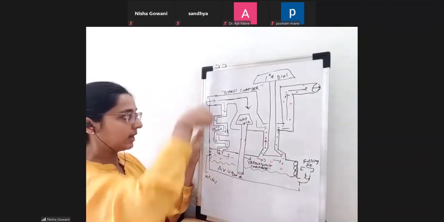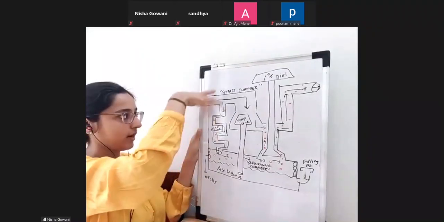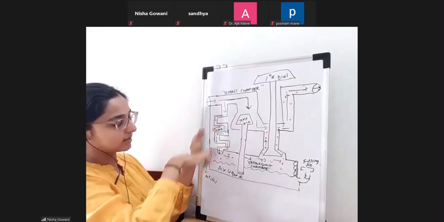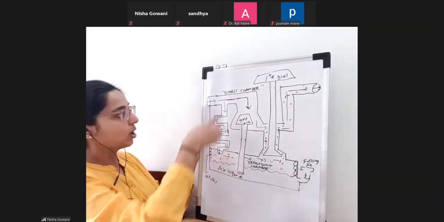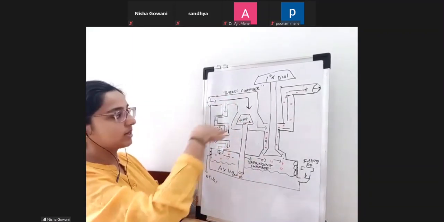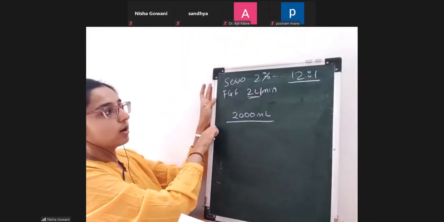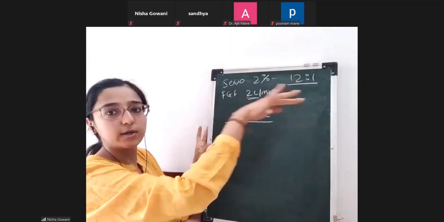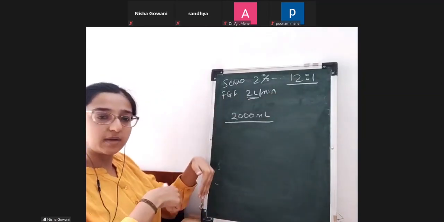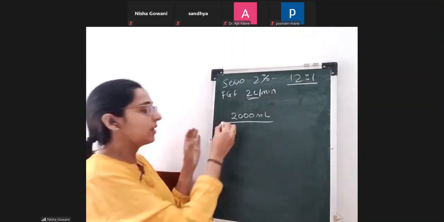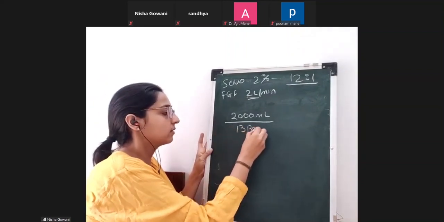It's just a route for it to split. 12 parts are going to the bypass and 1 part is coming here to the vaporizing chamber. We have put a dial setting of 2% for sevoflurane. So how many parts has it been divided into? It has divided into 13 parts.